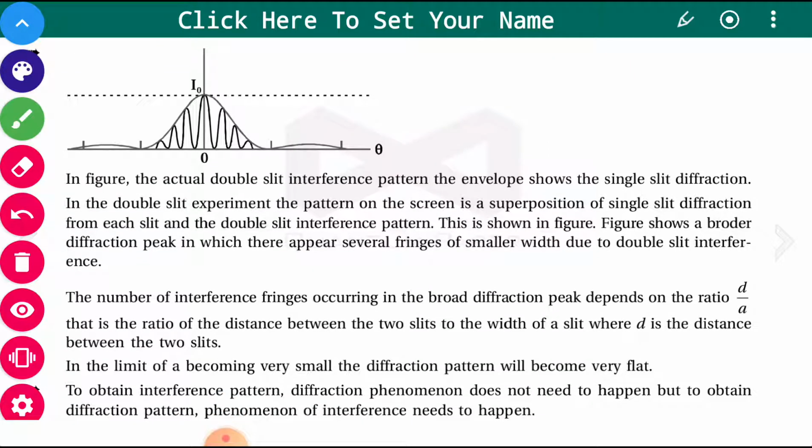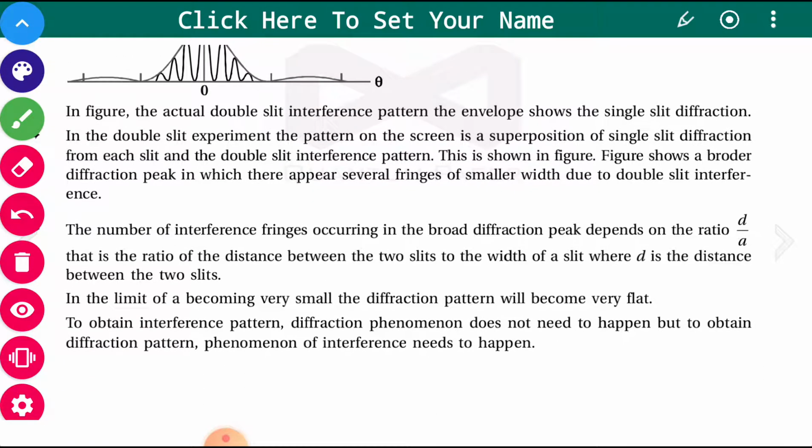In the double slit experiment, the pattern on the screen is a superposition of single slit diffraction from each slit and the double slit interference pattern. Try to understand, both slits in the interference behave as single slits individually and produce the diffraction pattern. This is shown in this figure.